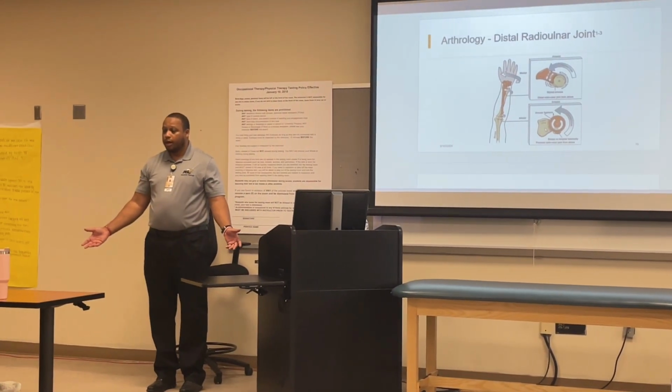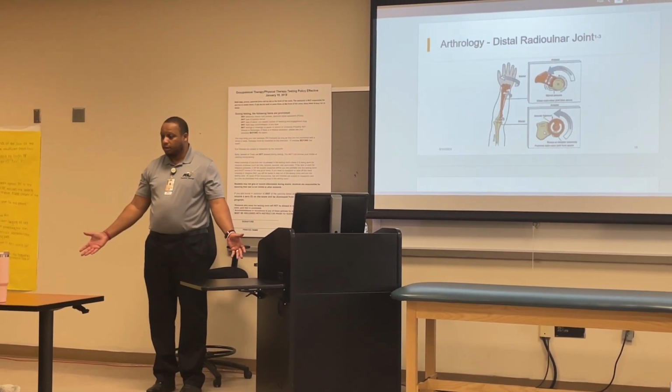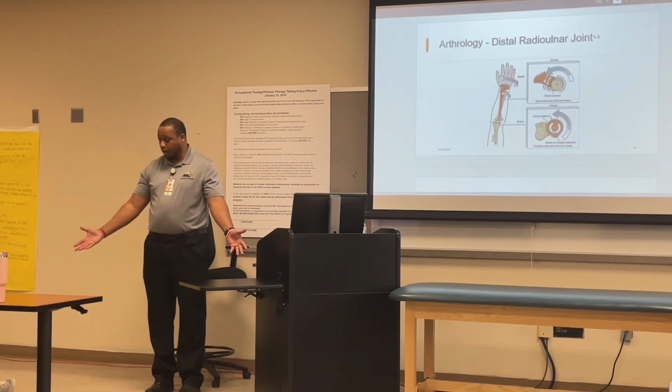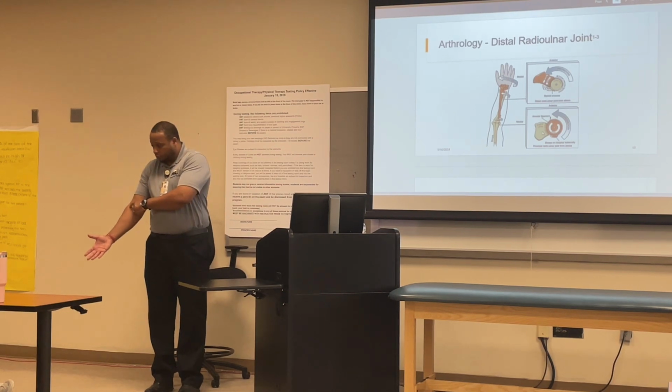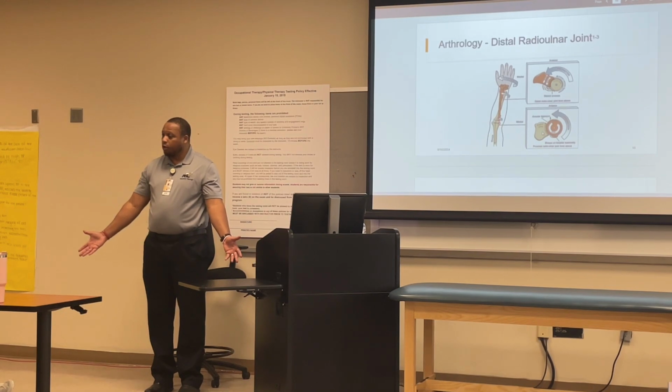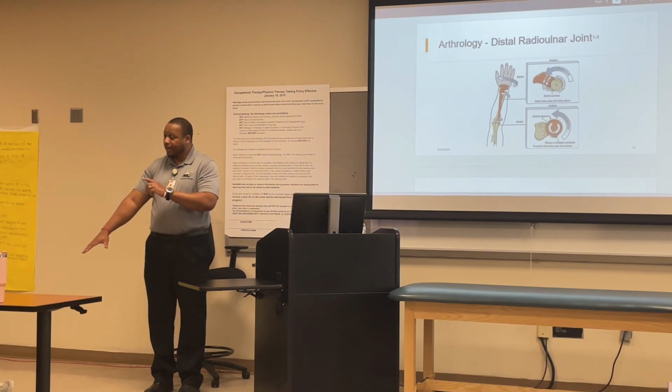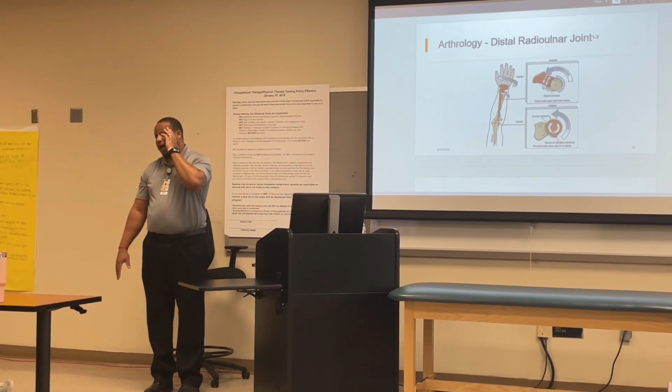So now at the proximal radioulnar joint, here we go. I'm supinated right now, right? And I'm going to go into pronation. So now with pronation, I get an anterior swing, anterior roll with a posterior glide, proximally. So it's going to change proximally.